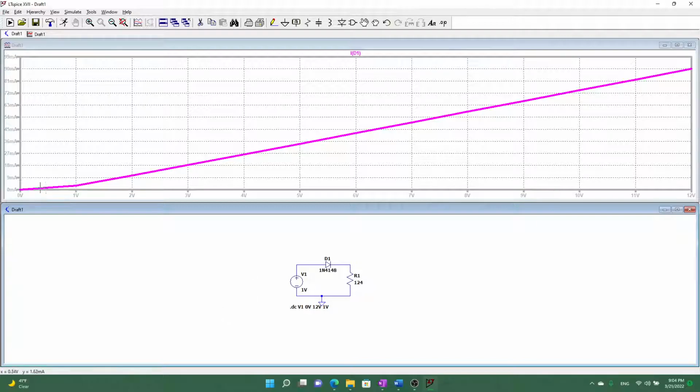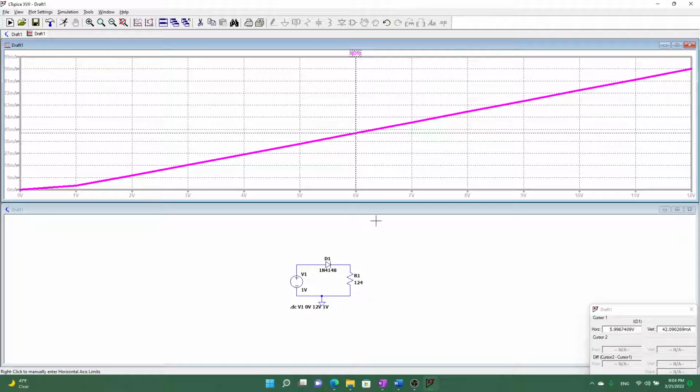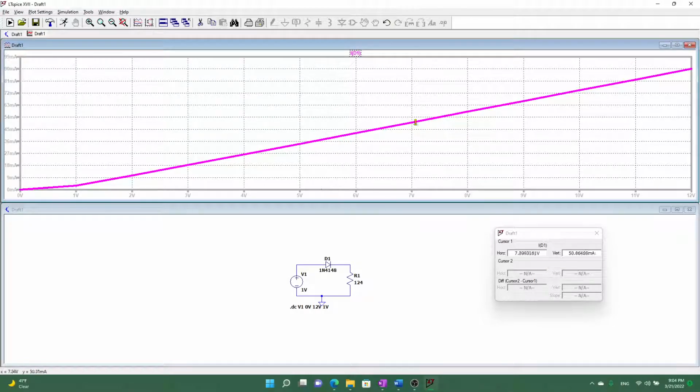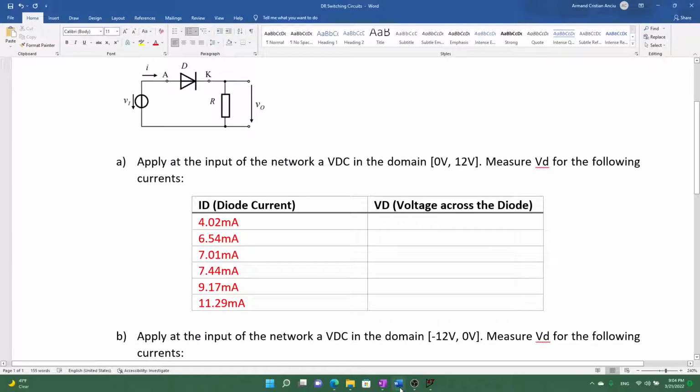So we get a voltage to current characteristic. And we can click on the icon of our output voltage to get a cursor. And we can use this cursor to navigate around our output characteristics and find the values that we need.